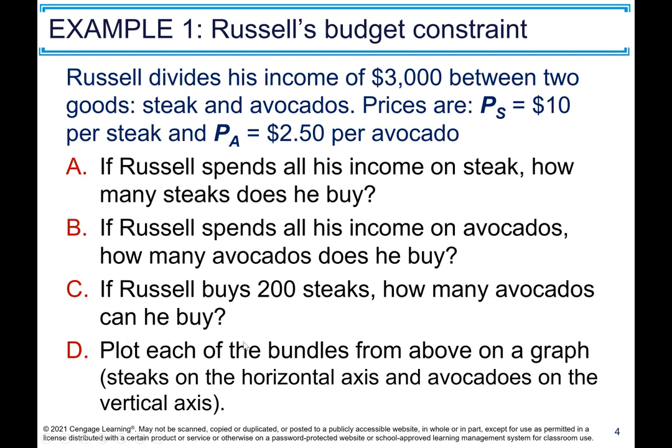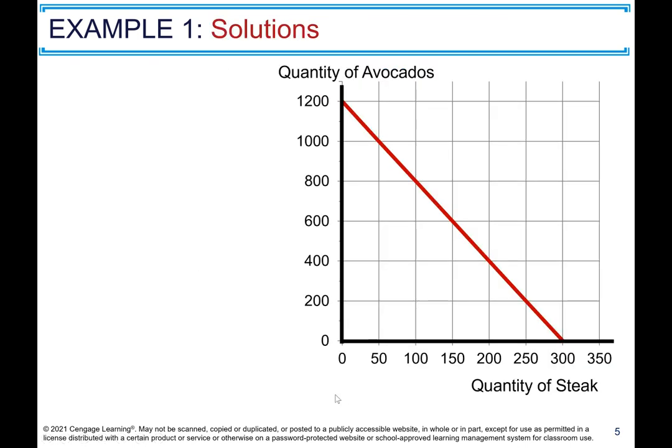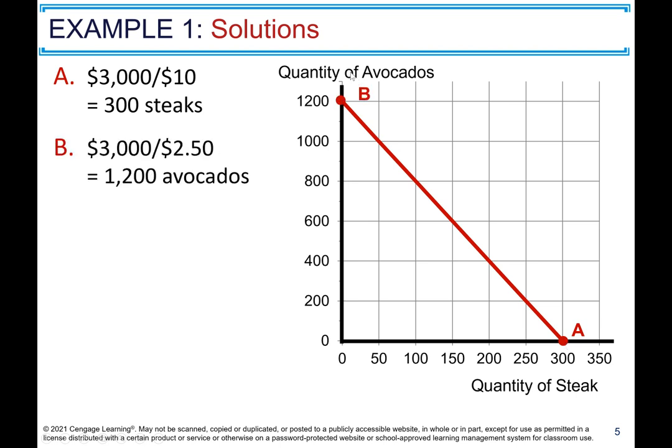D: plot each of the bundles from above on a graph, steaks on the horizontal axis and avocados on the vertical axis. Here's the two-dimensional graph. At A, $3,000 divided by $10 gives you 300 steaks on the horizontal axis, point A. Point B on the vertical axis is $3,000, which is the income, divided by the price of avocado, $2.50.